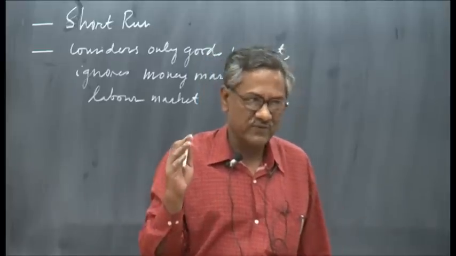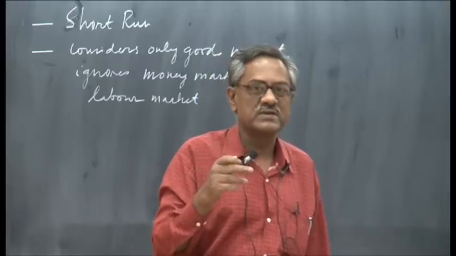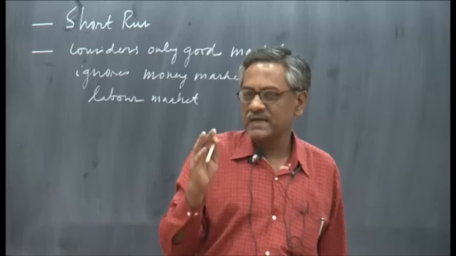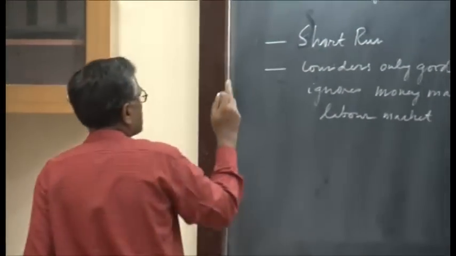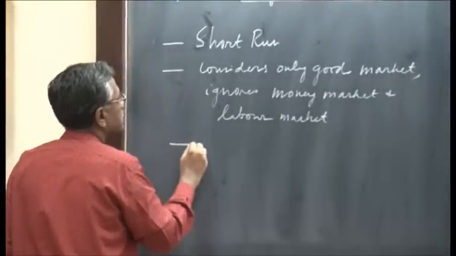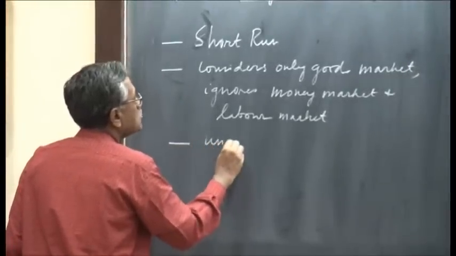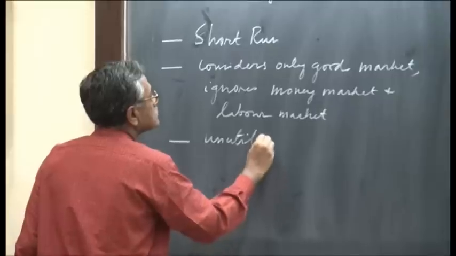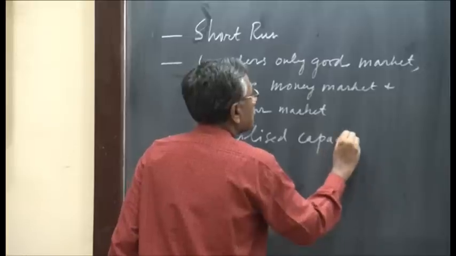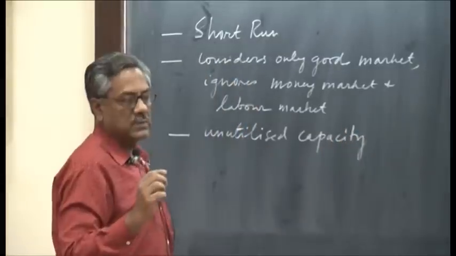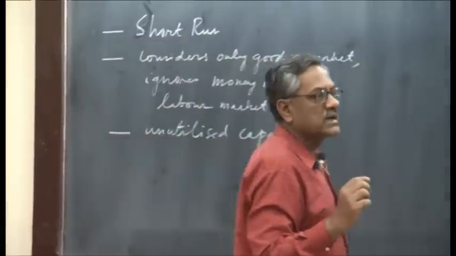Now we have slightly different thing. That also would give you the result that I talked to you. Slightly different. What it assumes is that in the short run there is unutilized capacity, in fact, a vast amount of unutilized capacity.